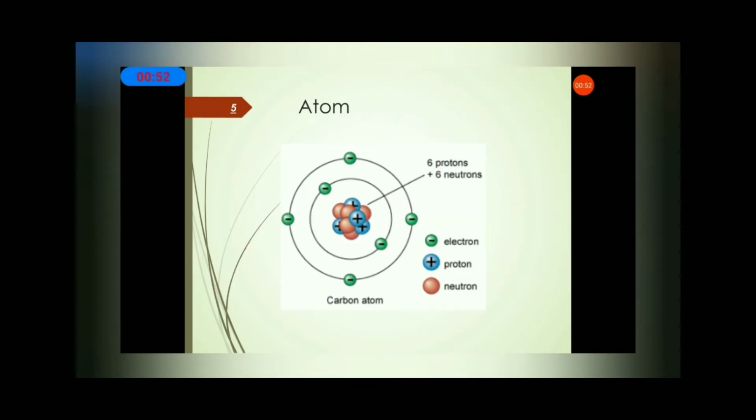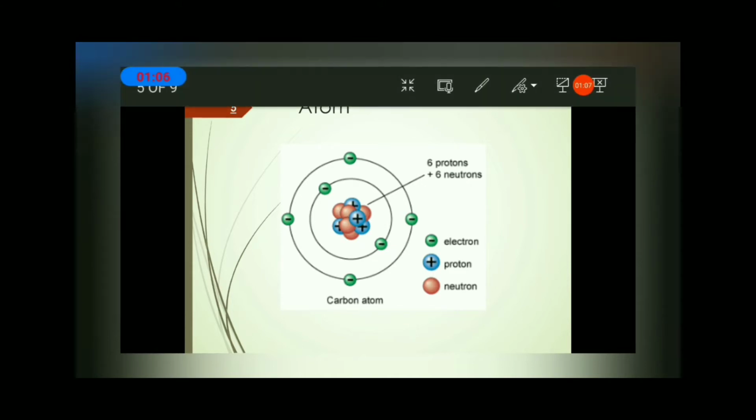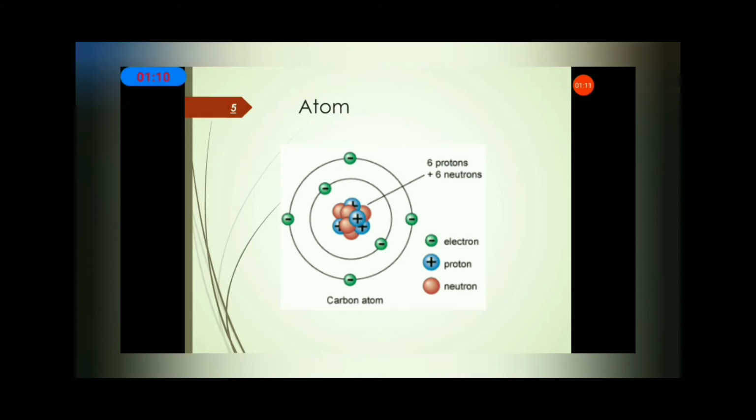Now the question is that electrons revolve around the nucleus. Fine. But where and how do they revolve? Those questions we will discuss here. We know in the solar system, the sun is in the center.